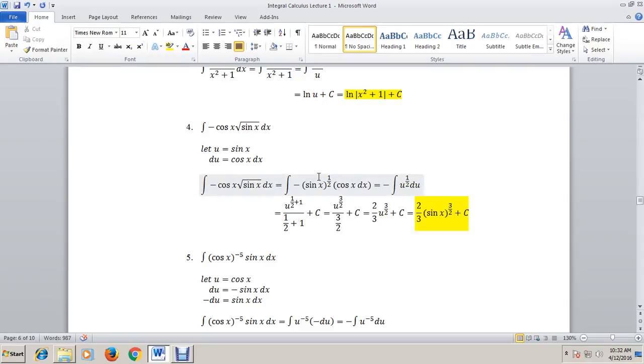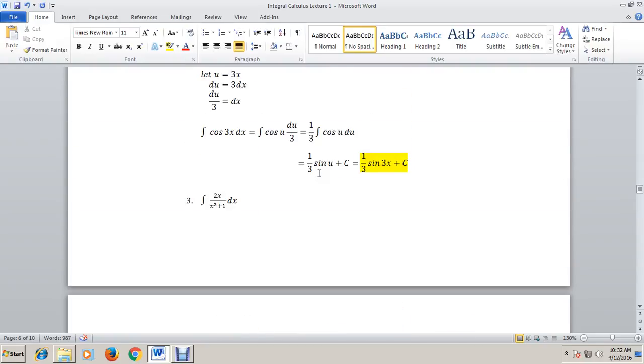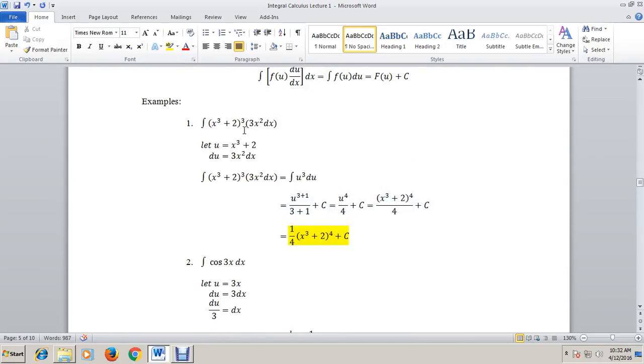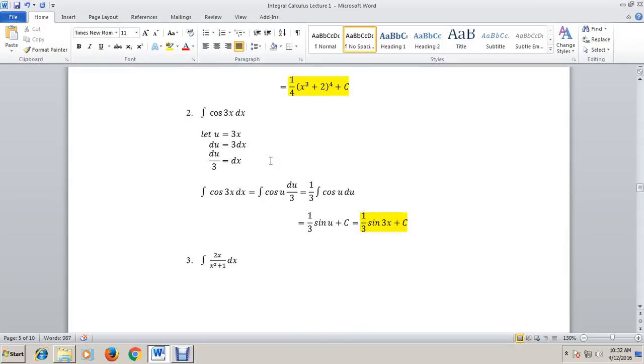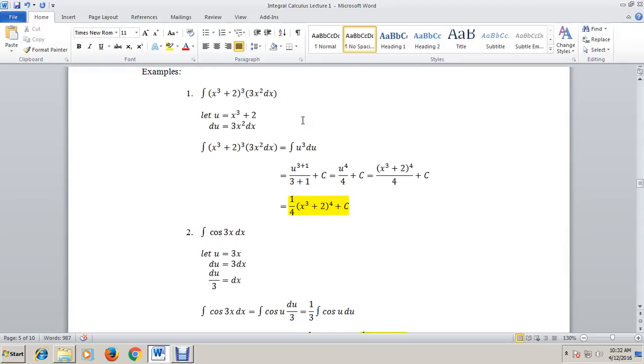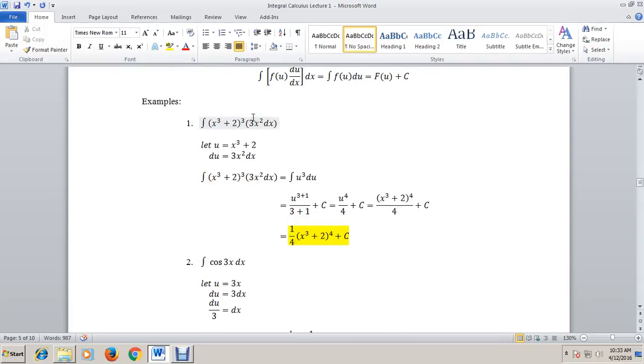Now, try to recall our example number 1, which is the same as what we have done with example number 3. Choosing which part of the integrand you will represent as your u, the clue or suggestion is which part of the expression has the higher exponent.